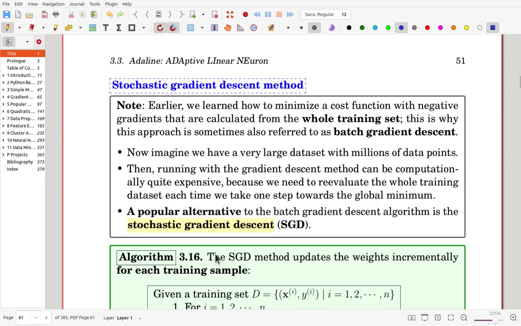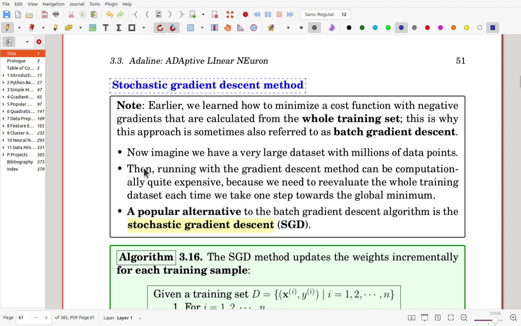Okay, now we go to the stochastic gradient descent method. Earlier we learned how to minimize a cost function with negative gradients. The negative gradients are calculated from the whole training set. Such a method is called batch gradient descent.